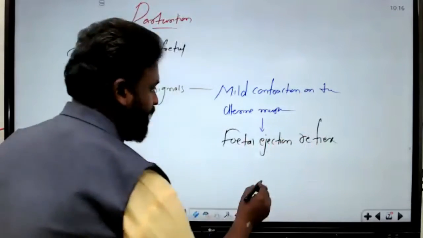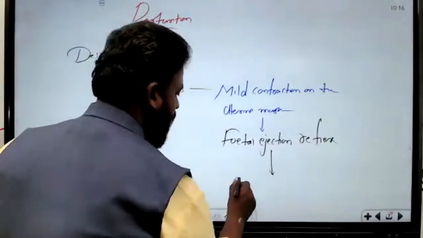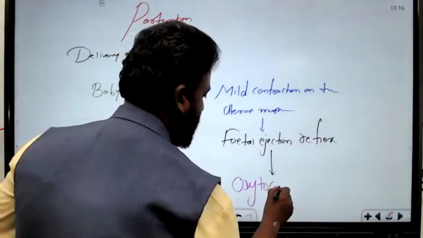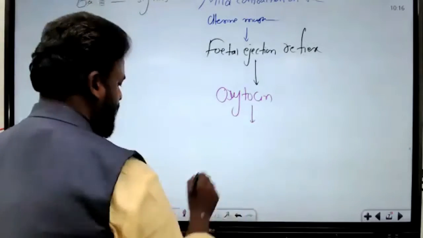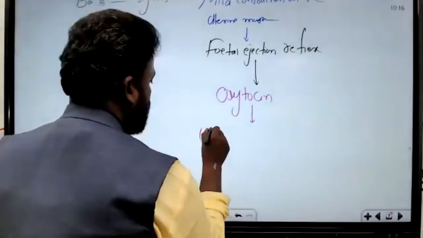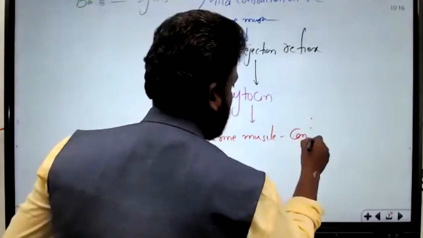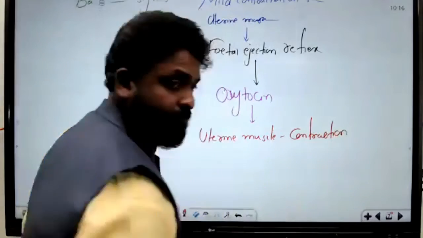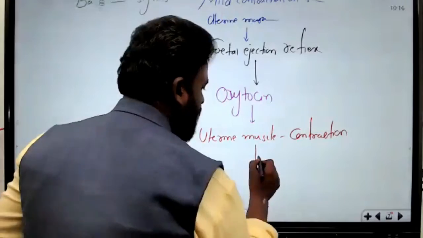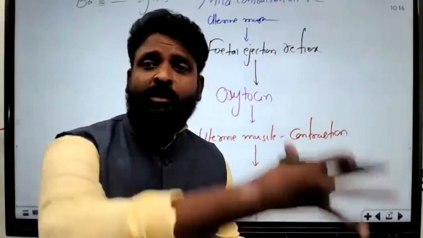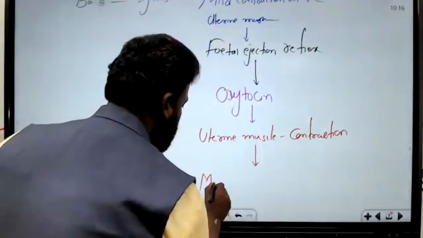This fetal ejection reflex induces the secretion of the hormone from the neuroendocrine part, called oxytocin. Oxytocin acts on the uterine muscle, causing contractions. The uterine muscle contraction causes secretion of a large amount of oxytocin, causing more stronger contraction.